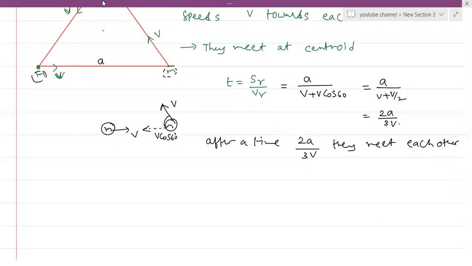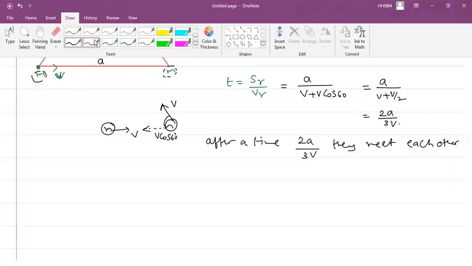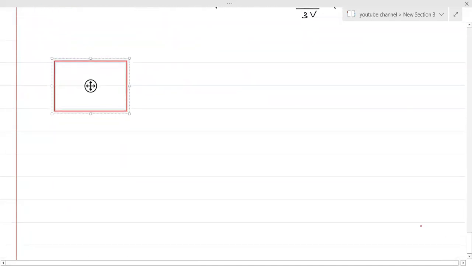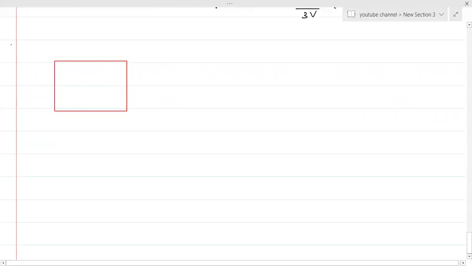Similarly, we have a case like a square. So we are taking the next possibility.